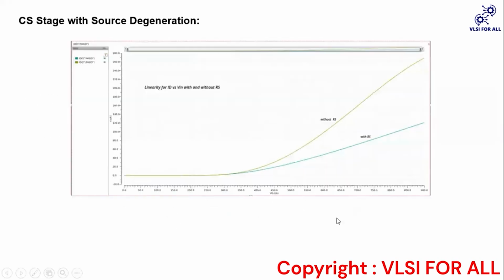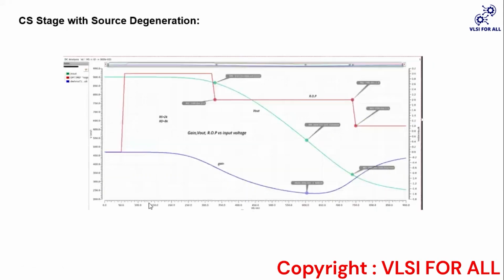The first graph is without Rs and the second one is with Rs. With Rs it looks more linearized as we increase V in. The id is more linear to V in. So this is the benefit of this circuit.